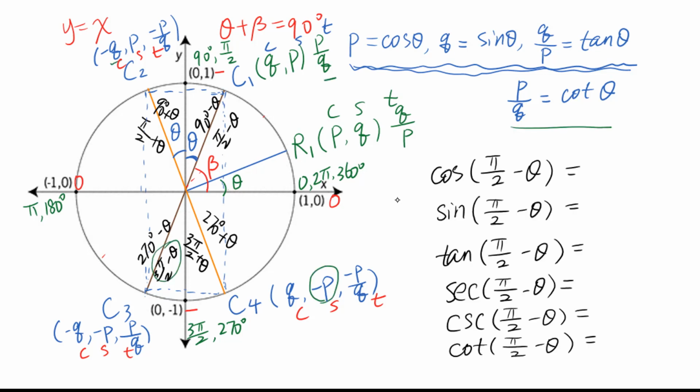Let's use this diagram to figure out the following trig reduction formulas. Cosine pi over 2 minus theta, that is this line. Angle will be beta. CAST, which means this is Q. So cosine pi over 2 minus theta equals Q. Q is sine theta.